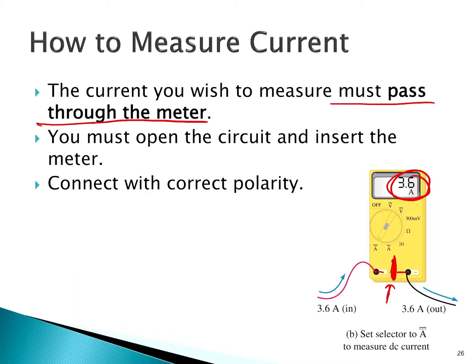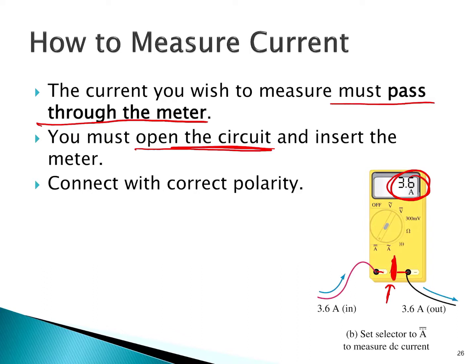If an ammeter is going to be a single point within a circuit, we have to break or open the circuit and insert the ammeter as a point of measurement.